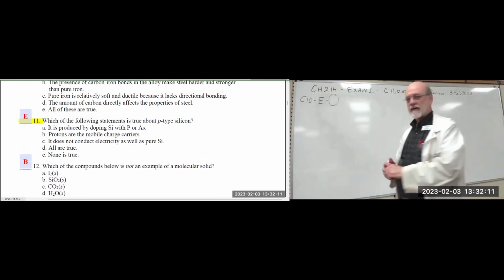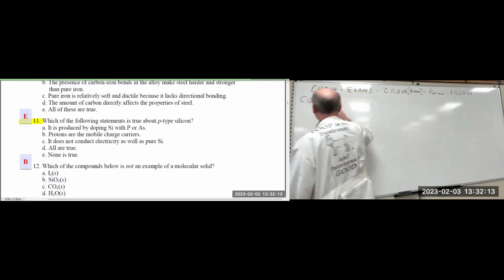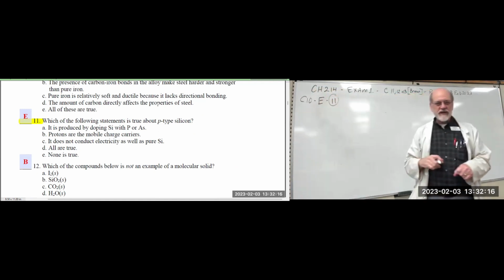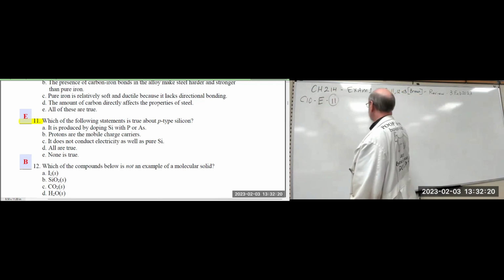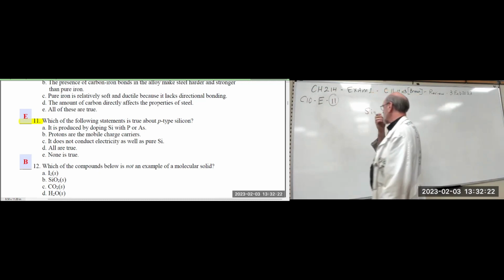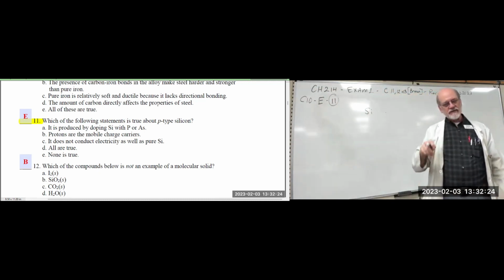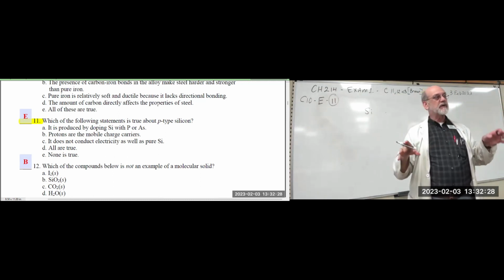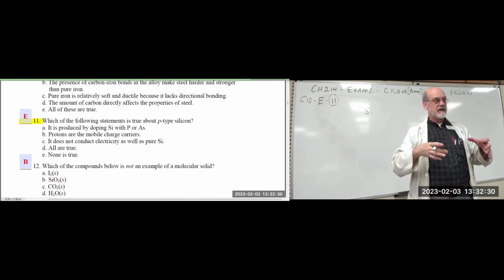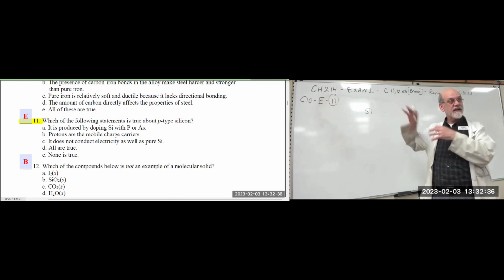Number 11. Which of the following statements is true about p-type silicon? So what we mean by p-type silicon is we have this closest packing model of silicon as our foundation, and then we dope it. We substitute other elements for the silicon in the lattice.